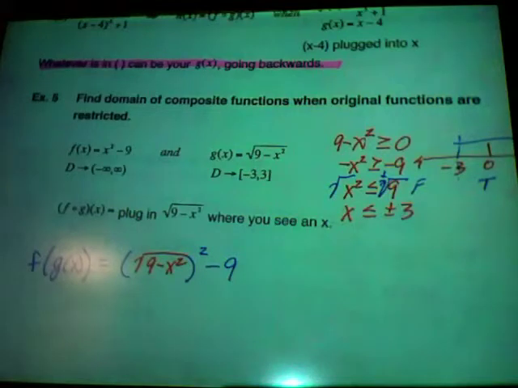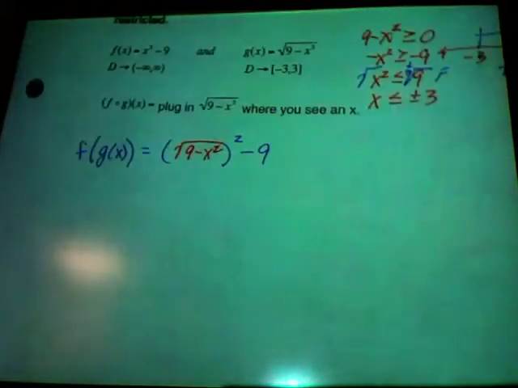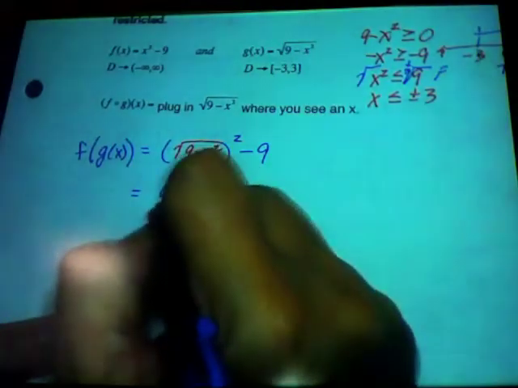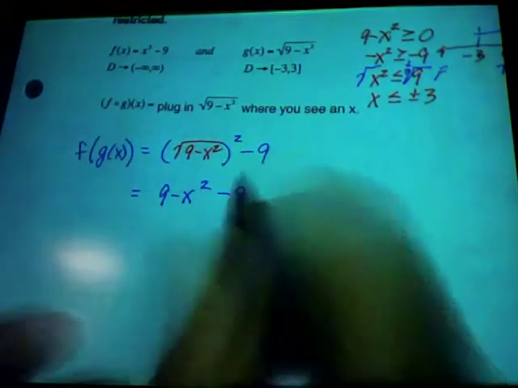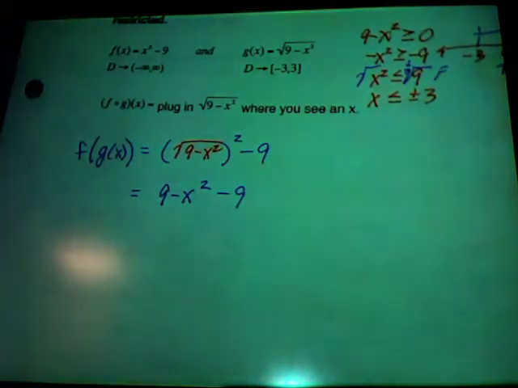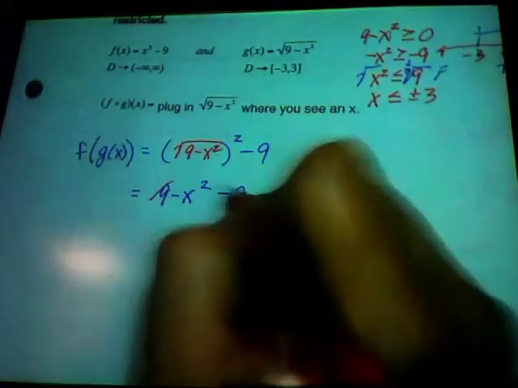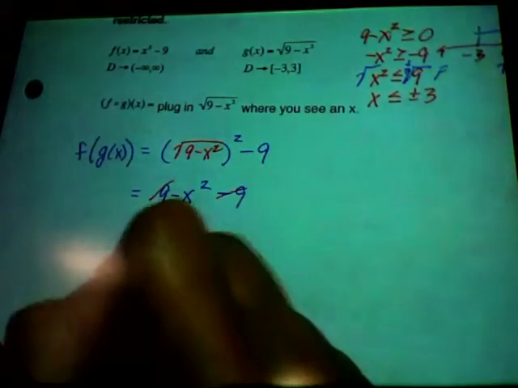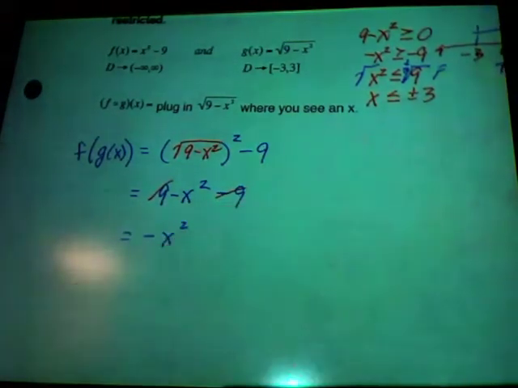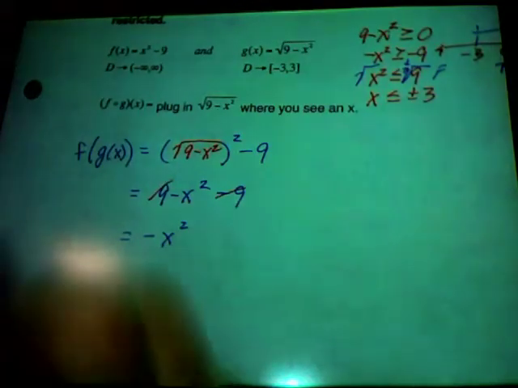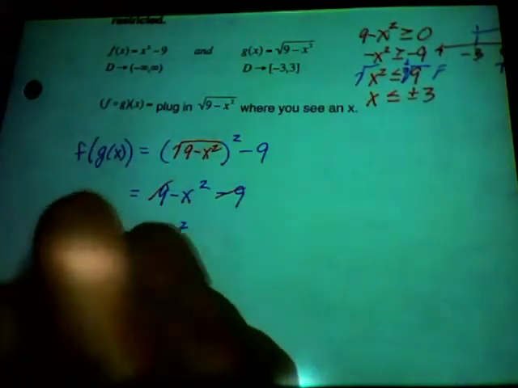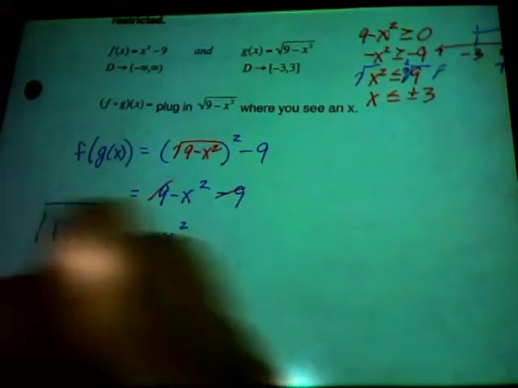What happens when you square a radical? The radical goes away, right? So we end up with 9 minus x squared minus 9. The 9's cancel out. And I get equals negative x squared. So f of g of x equals negative x squared. That's not so bad, right?